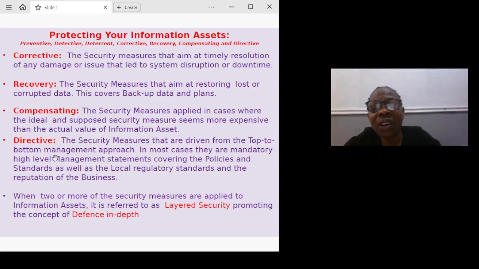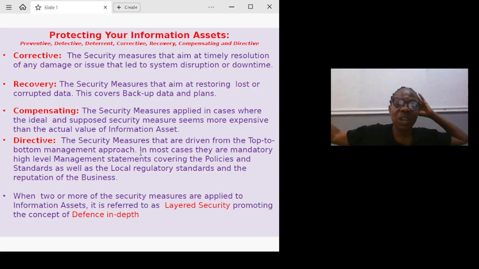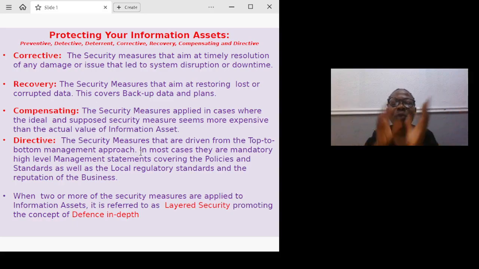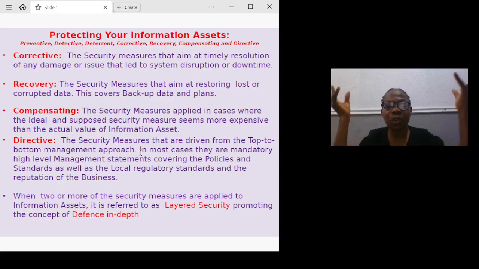So the directive control is now coming up here. In directive control, you are looking at all those controls that are driven from the top, mandatory controls. Those kinds of controls are built into the system as your baseline control. Any control that is directive could be from your local regulation, based on your jurisdiction.